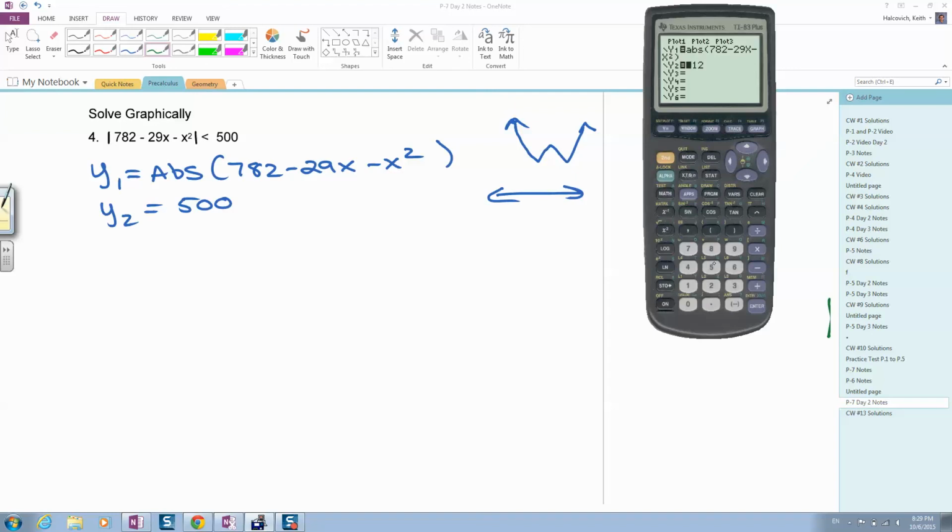The bottom's 500. Now for the window, let's try negative 80 to 100. The minimum we'll stay at negative 10, but the maximum we have to go 800.